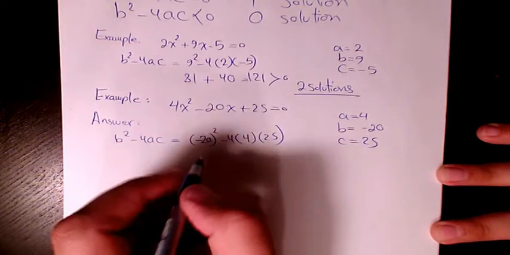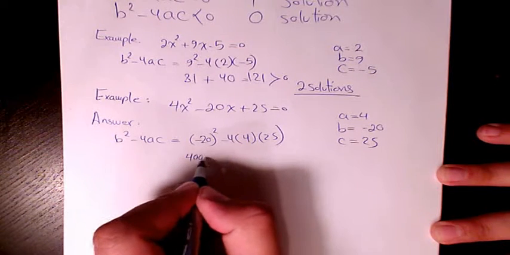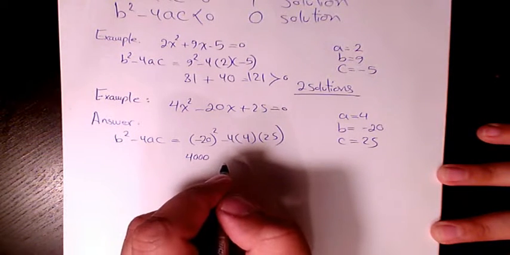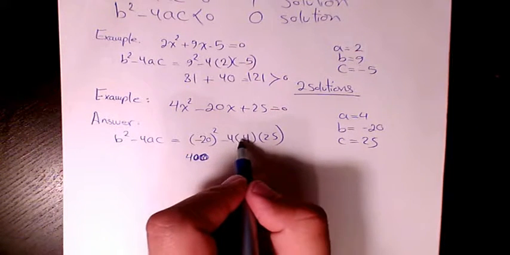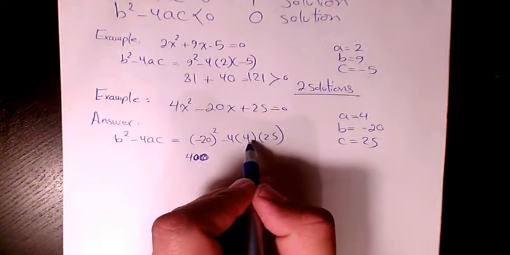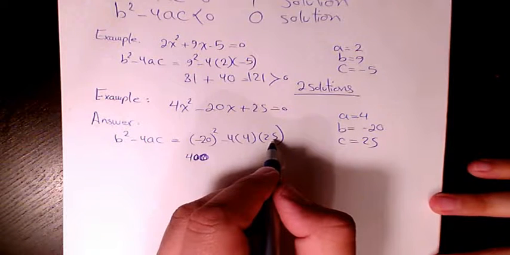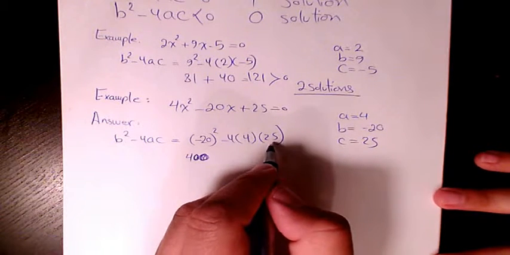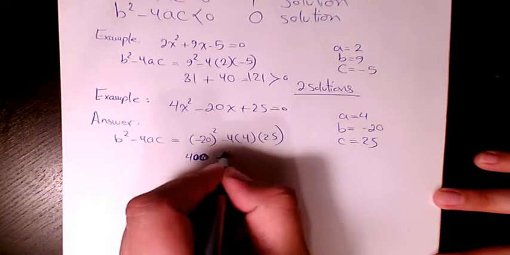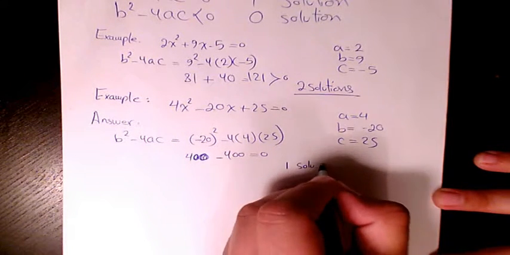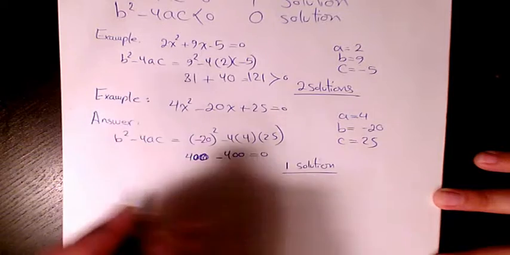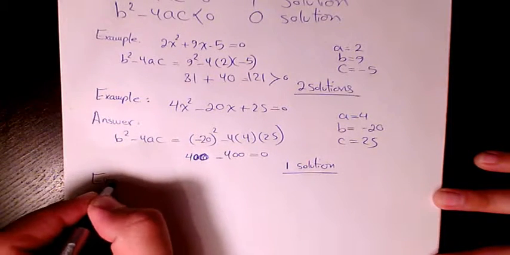Negative 20 to the power of 2 will be 400. And 4 times 4 is 16 times 25 will be 400. So 400 minus 400 is going to be 0, so we have one solution. Next example.